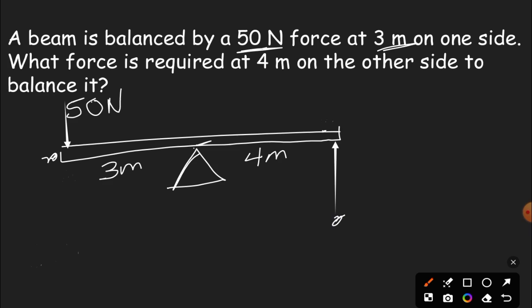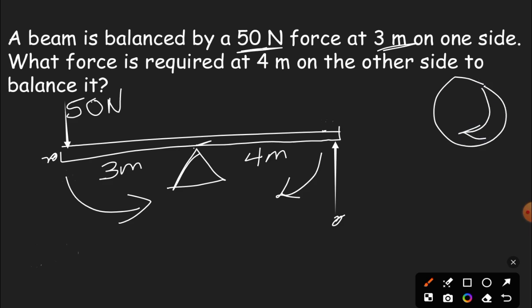Now there are some conditions that must be met for the beam to be balanced. This is a general rule for solving questions in moment. The sum of clockwise moment must be equal to the sum of anticlockwise moment. What does this mean? Let me just do this to represent the way a clock works.